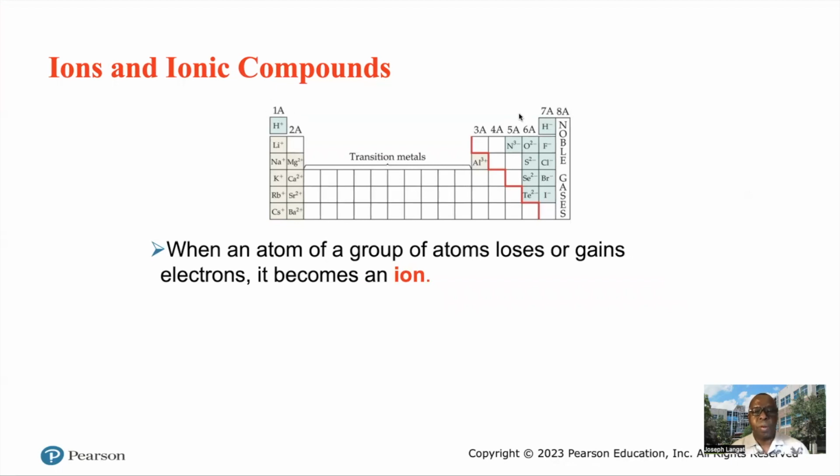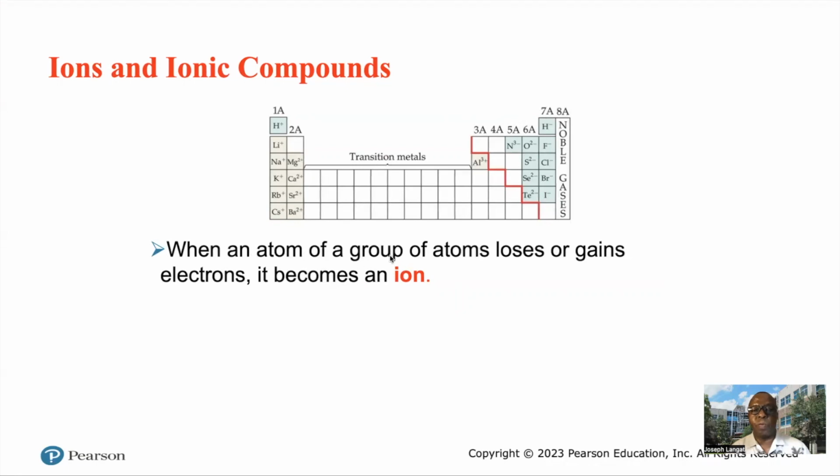Going back to the periodic table for main group elements, remember the numbering of the groups, the vertical columns on the periodic table, using the American convention system, a number and a letter A representing the main group. They do have predictable ionic charge.